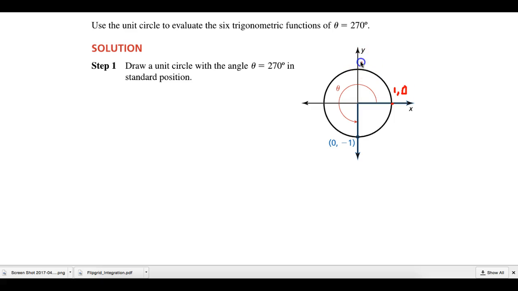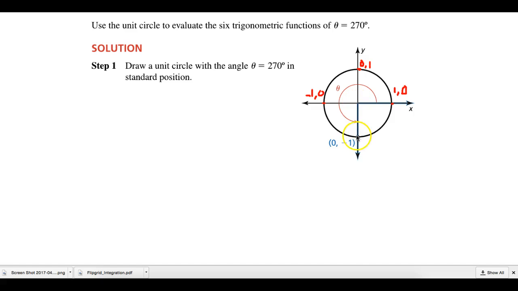This point right here is at (0, 1). This point right here is (-1, 0). And this point down here, which is where 270 is, if we rotate around 90, 180, 270, is at (0, -1).